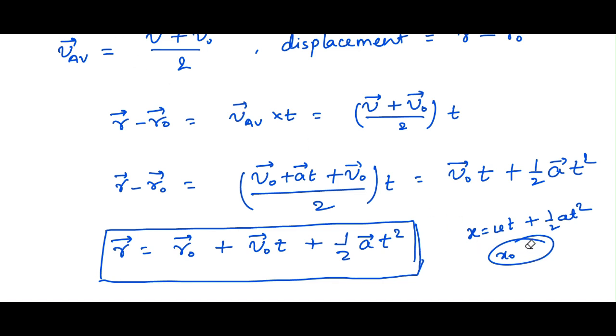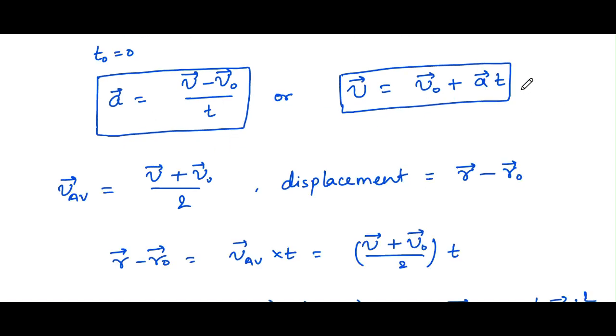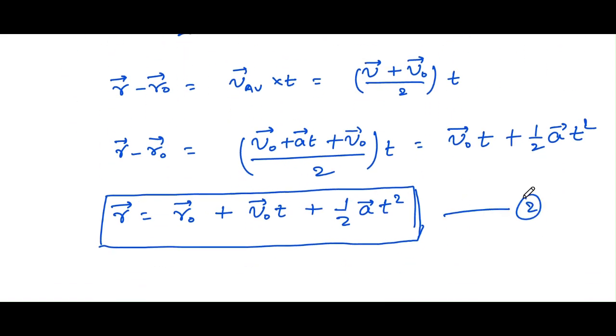Then this term vanished, and then we had this thing here. So this one is a very simple and common equation we used to see in kinematics. Here the same, a little different notations. Okay, let's say this is equation 1 and this is equation 2.